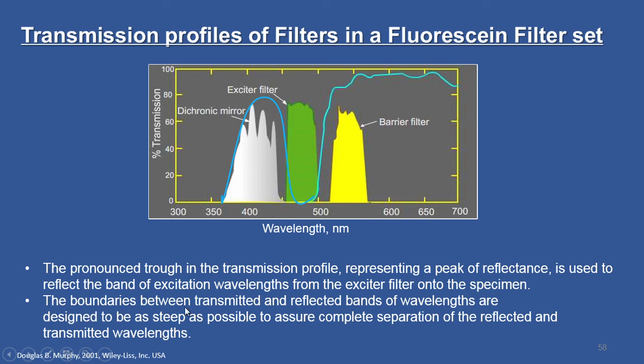The boundaries between transmitted and reflected bands of wavelengths are designed to be as steep as possible to assure complete separation of the reflected and transmitted wavelengths. You can see that you have a steep transmission difference here.